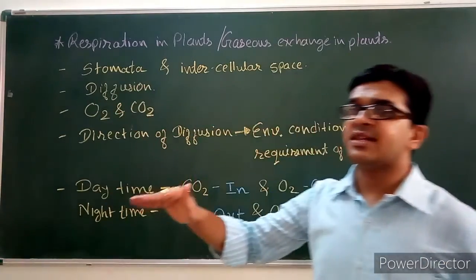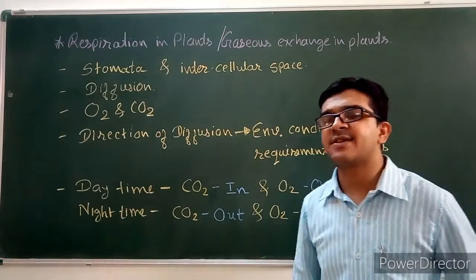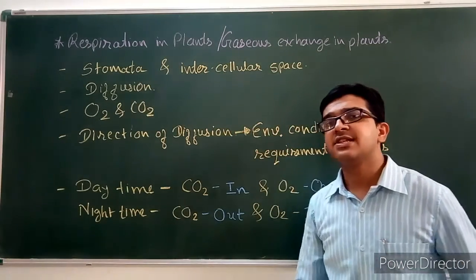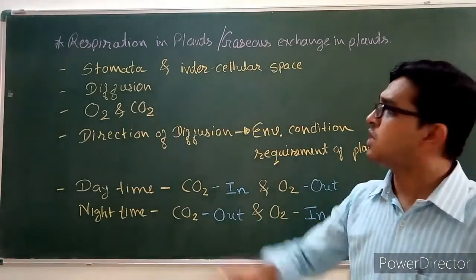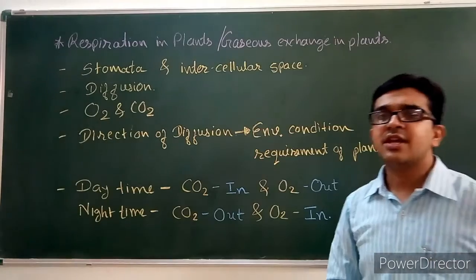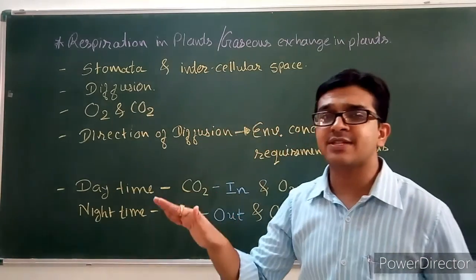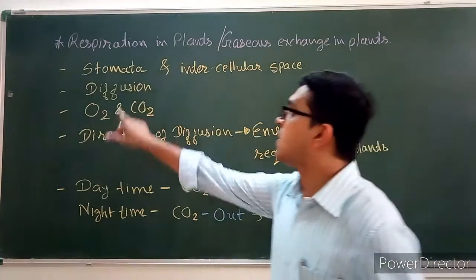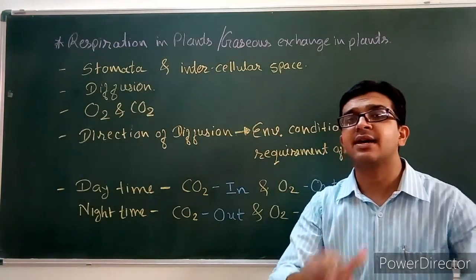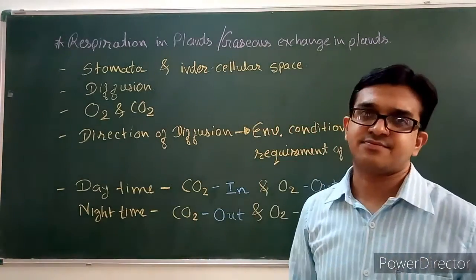We already learned that stomata are small pore-like structures present on the surface of leaves, whereas the space between the cells is called intercellular space. The respiration in plants takes place through them by the process called diffusion, and diffusion mainly occurs on the surface of leaves.